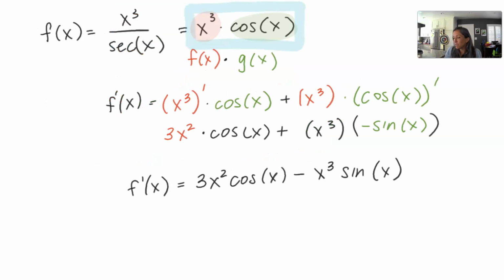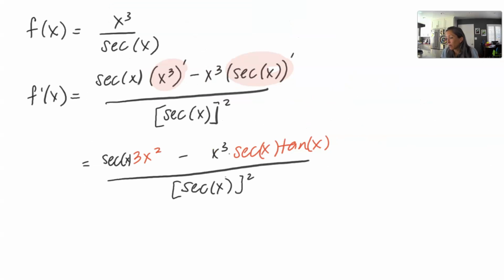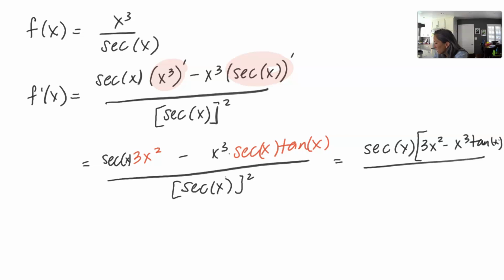We ended up with this. So how do we verify that they are the same? This is always the challenge of a calculus class. The back of the textbook has the answer, but yours doesn't look like it. So first we recognize, oh, it does appear I can have a secant in both of my terms in the numerator. So let's factor out a secant of x. Then we'll have 3x squared minus x cubed tan of x, all over secant of x squared.